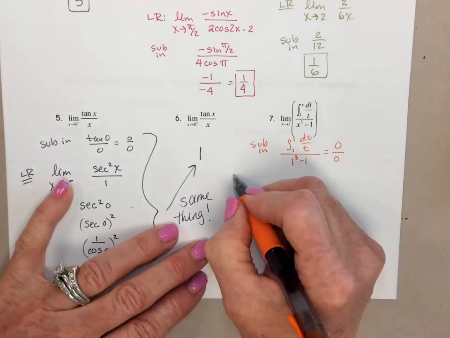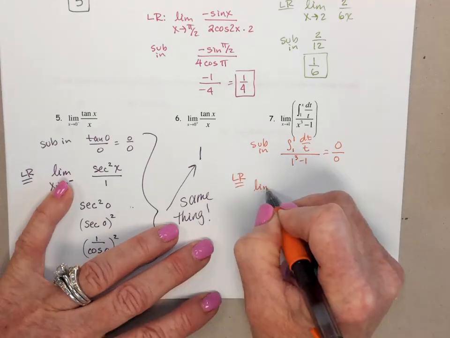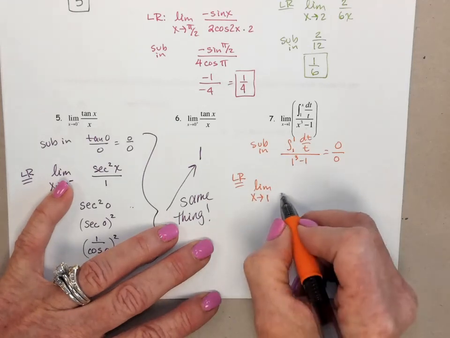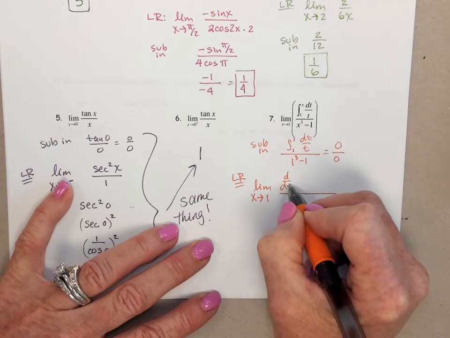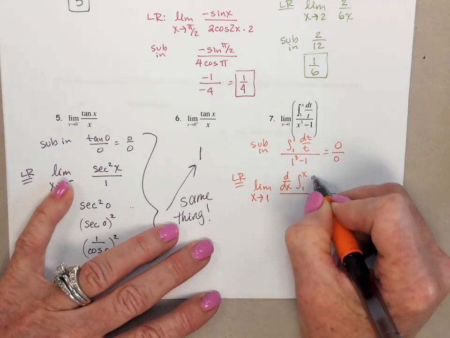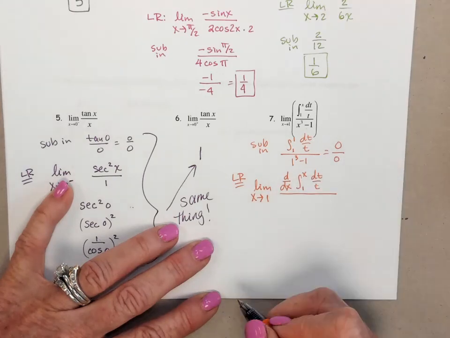All right, so now L'Hopital's rule, we're going to do a derivative of the numerator and the derivative of the denominator. Don't forget that limit notation. Numerator is going to be the derivative, so d dx of the integral from 1 to x of dt over t.